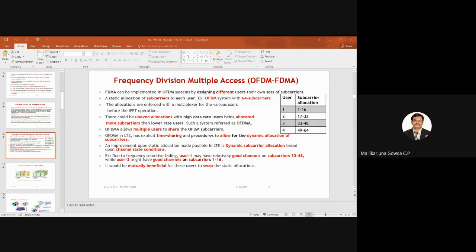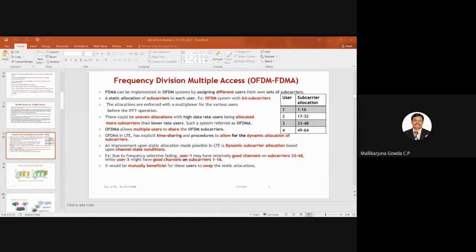So we can improve upon the static allocation I described earlier in LTE with this dynamic subcarrier allocation. This dynamic subcarrier allocation is done based on the channel state conditions.